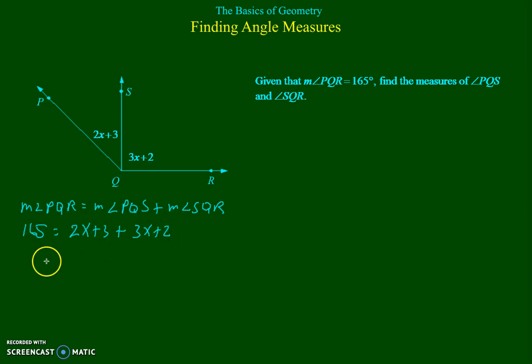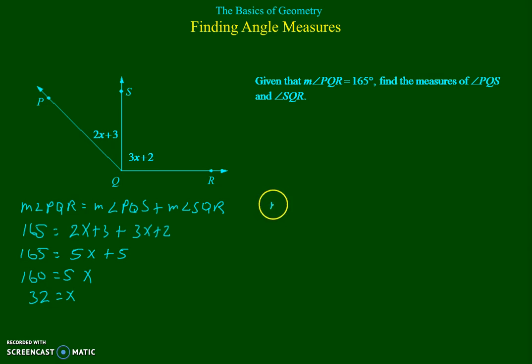Now it's just an algebra problem. 165 equals 2 plus 3 is 5x, 3 plus 2 plus 5. We subtract 5, 160 equals 5x, 32 equals x.